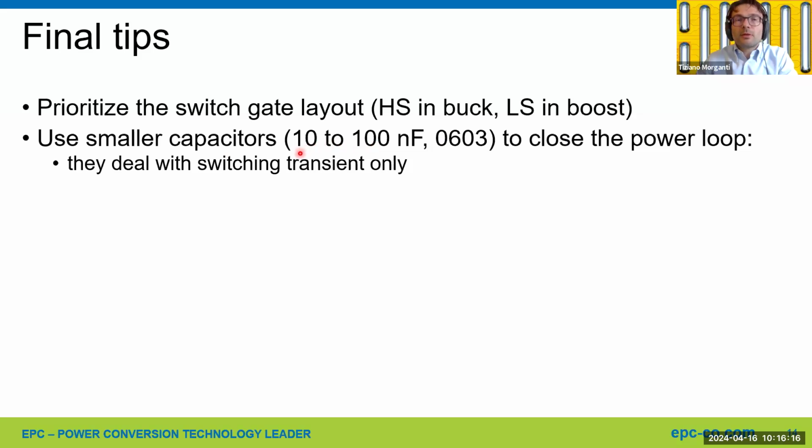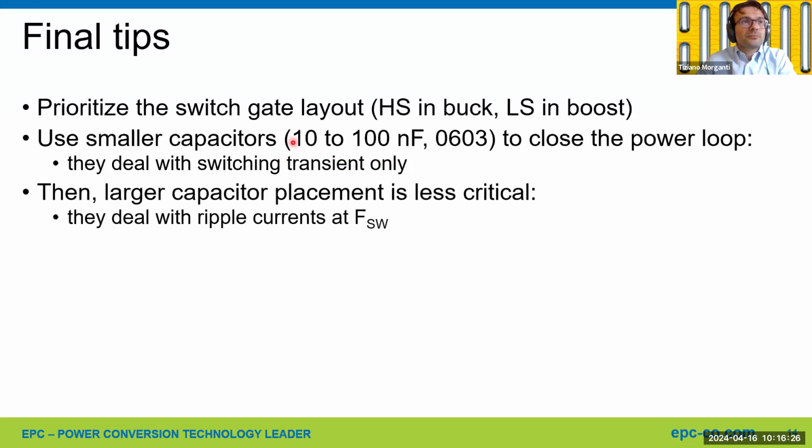The capacitance is not important, might be between 10 and 100 nanofarad, because they just need to deal with the switching transient. Then the larger capacitors for dealing with the switching frequency ripple currents can be placed where convenient. They don't need to be placed very close to the power devices.